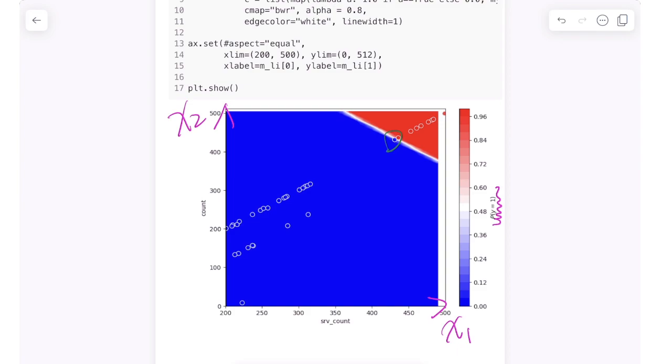You can see that for those data points the y-hat value is very close to 0, so we can identify them as non-attack, and those values right here are bigger than 0.5, so we classify them into the attack category. And of course, there are some data points near the boundary line.